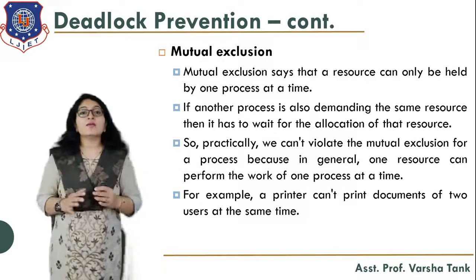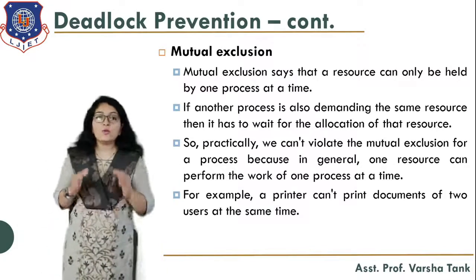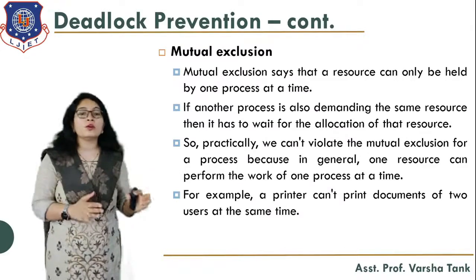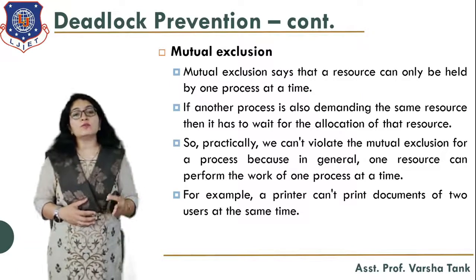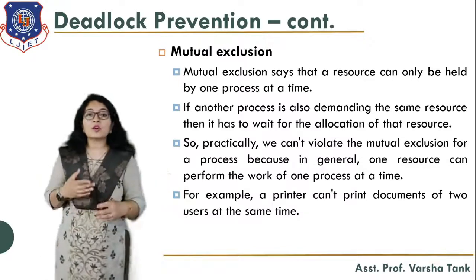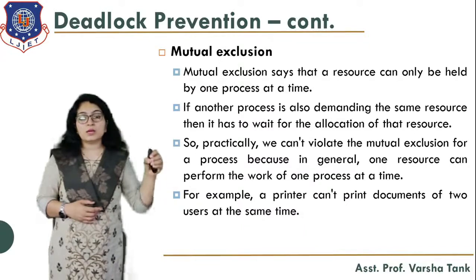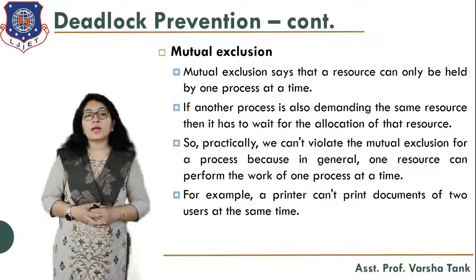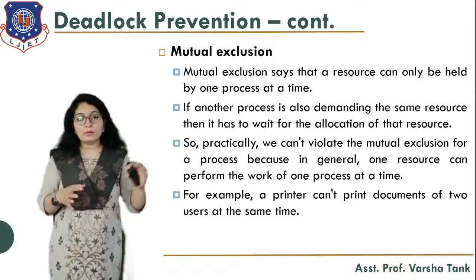Practically, we can't violate mutual exclusion for a process because in general, one resource can perform the work of one process at the same time. One resource cannot perform the work of two processes at the same time. Here you can see the printer can't print the documents of two users at the same time. If user one is giving commands to the printer to print this, user two cannot give commands at the same time. That will be queued.